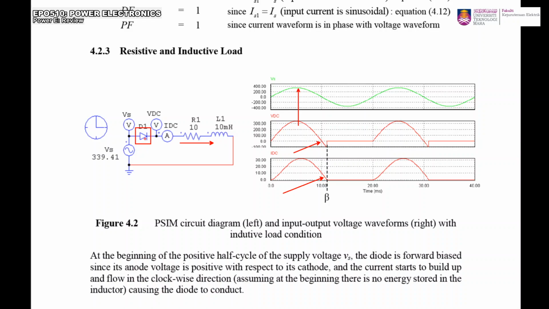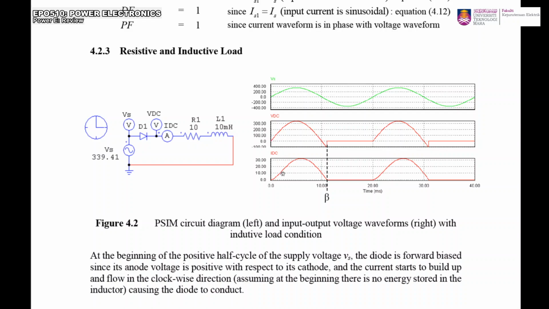It will remain turned on until this current is 0. So that's why, if you look at this waveform, the voltage still copies the negative area here until the current equals 0 at the extinction angle. When the current is 0, the diode will be open circuit, turned off, and therefore voltage equals 0 again. Okay, so that is your waveform.